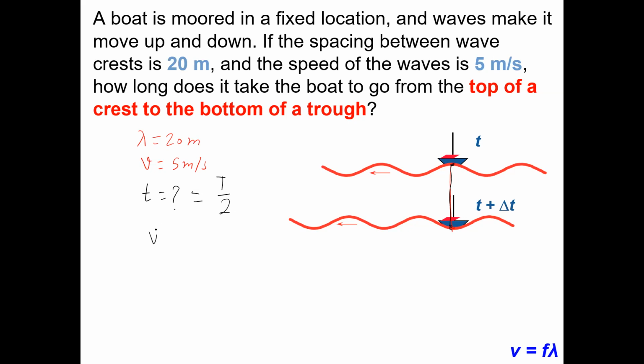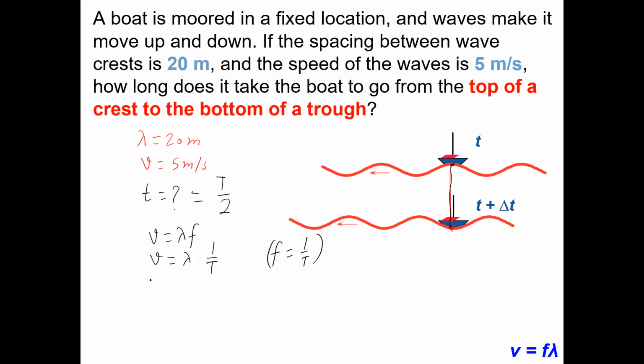So I can use v equals lambda times f to calculate frequency first, then from there calculate time period. I want to directly substitute: v is equal to lambda, f is 1 divided by T. Yes, because you already know f is the inverse of time period.